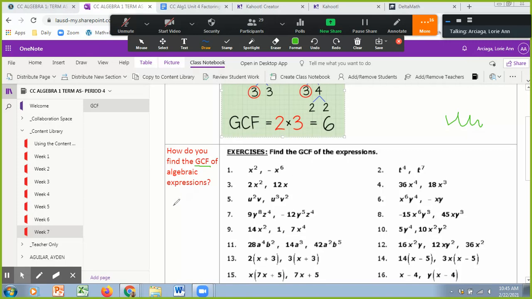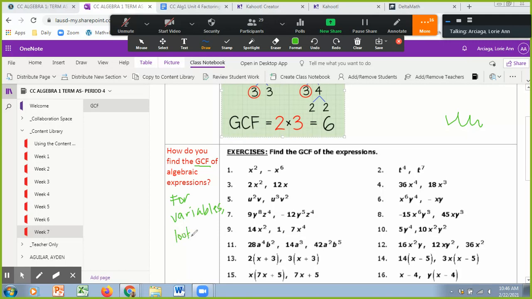So if earlier you were looking for the smallest number, right? And you're trying to determine whether it can divide the others. For variables, you have to look for the lowest exponent as well.